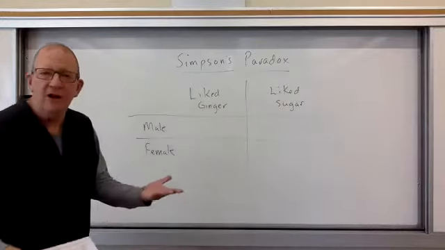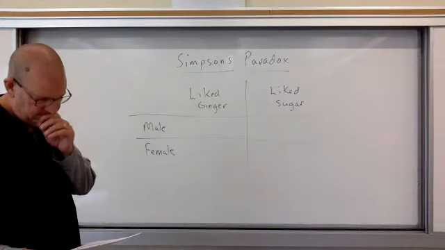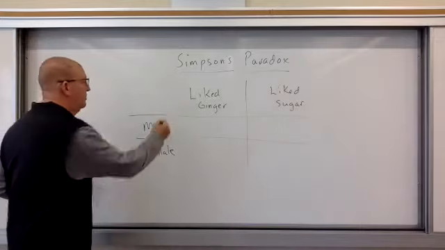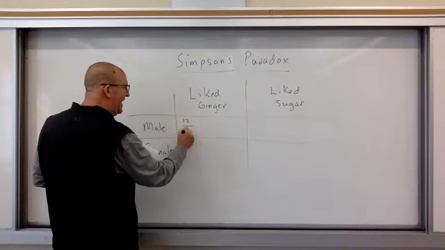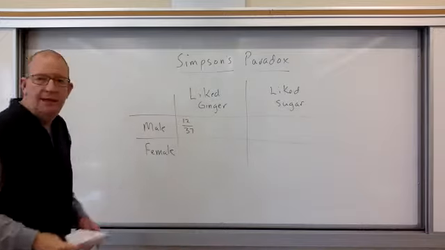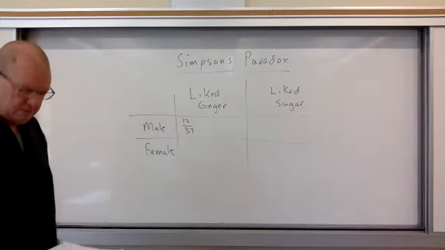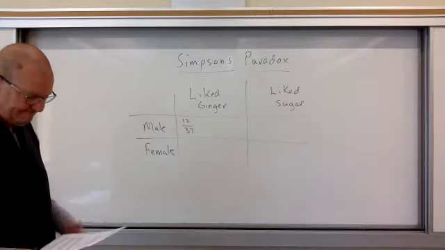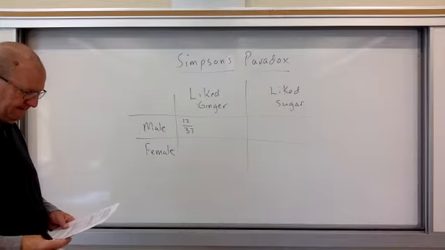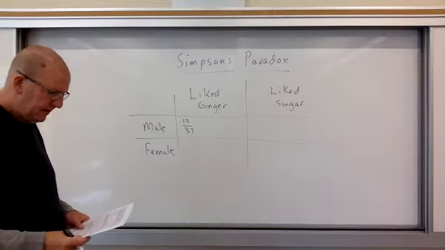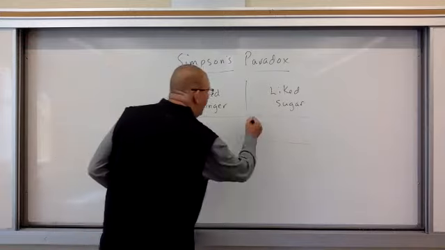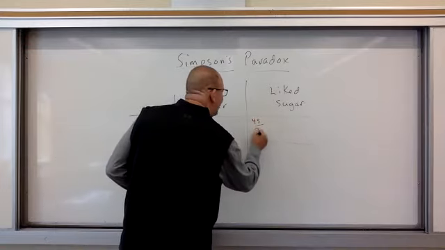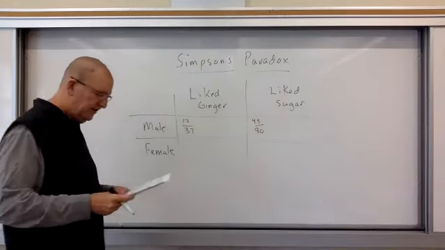So here we go, and here's what happens. Of the males, or the people who identify as men, 12 out of 37 like the ginger. Of the people who identify as men, 45 out of 90 liked the sugar cookie.